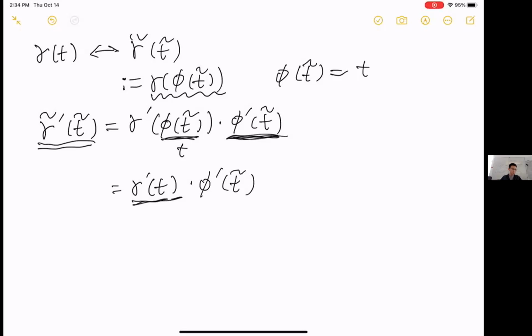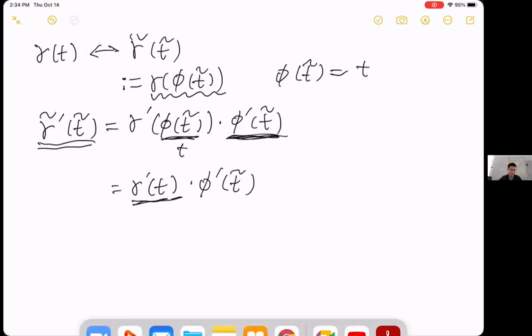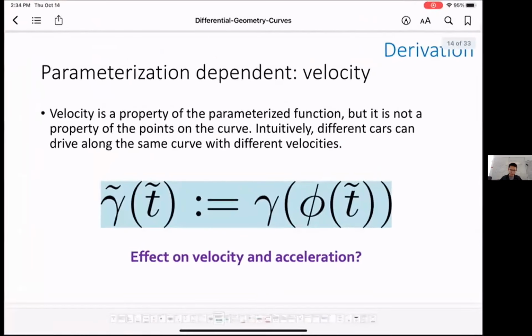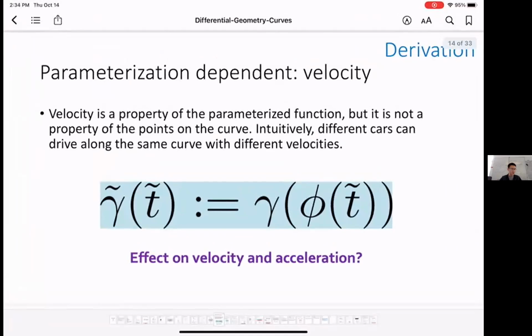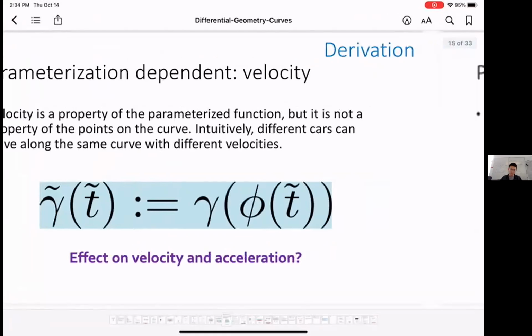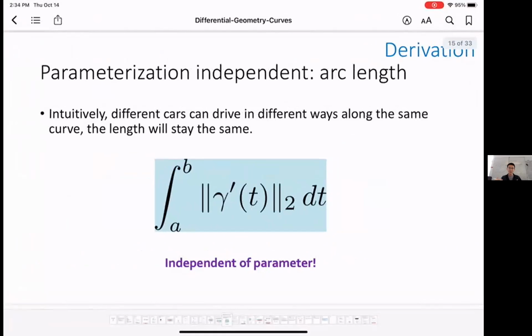Velocity is not invariant to parameterization, but we can have other geometric properties that are invariant to the different parameterization, for example, the arc length.